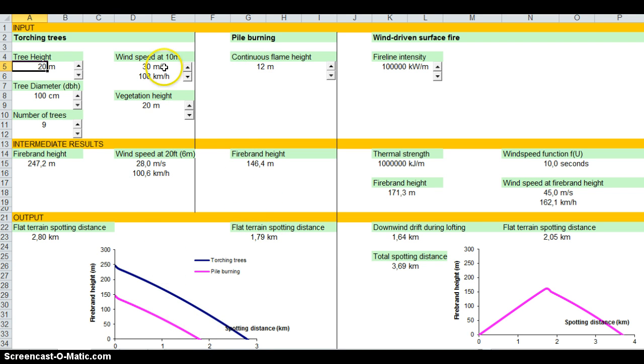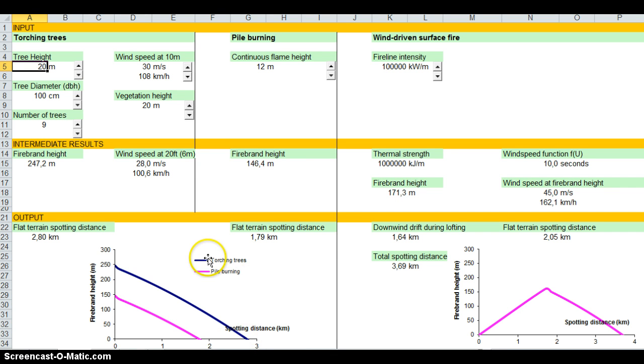So here, for this first section, we represent the spotting distance and the firebrand height. And of course, the higher the firebrand can travel, the longer distance the spotting can happen.